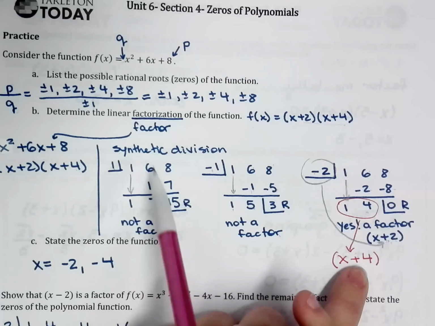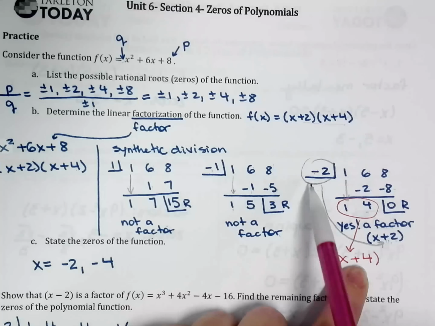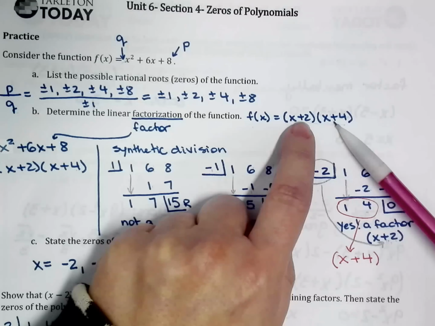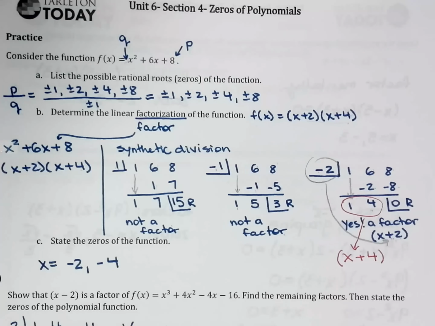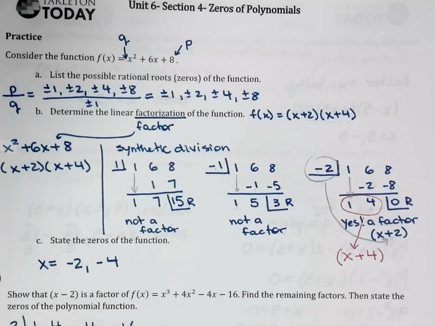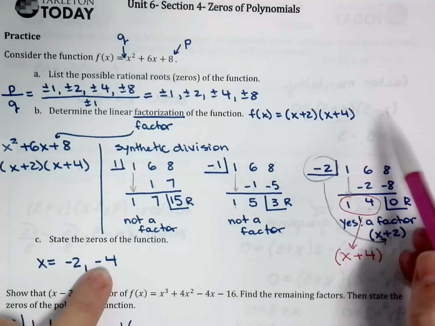So notice that I could have done the factoring or the synthetic division by testing each one of those roots out. Either way, you're going to end up with the same answer. Your choice. Now, to find the zeros of the function, you just need to get both factors and set them equal to 0 and solve. So -2 here and -4 there.